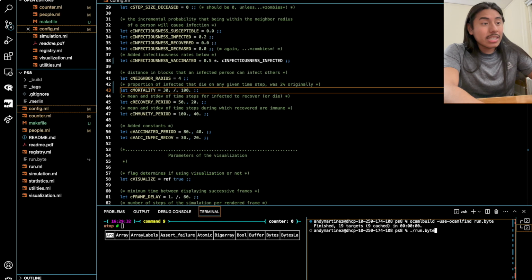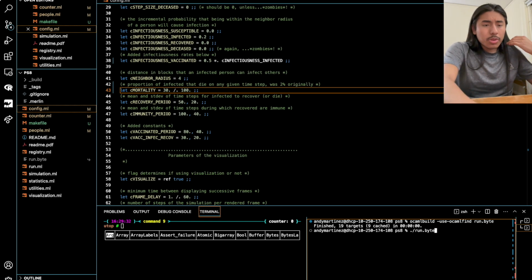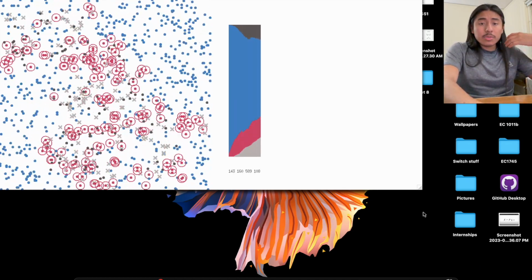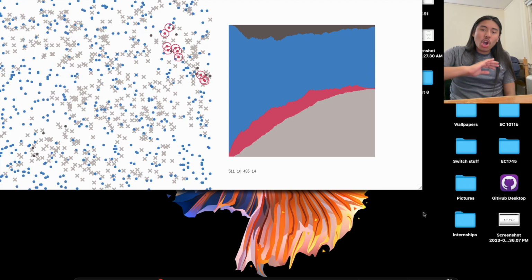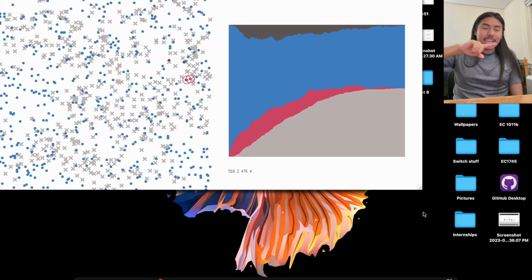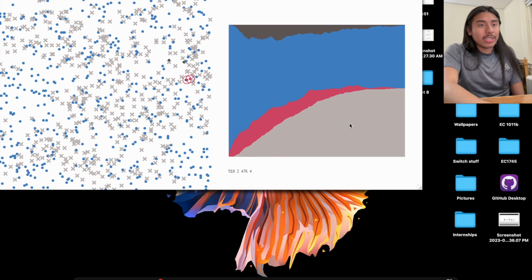So I've increased, in this case, the mortality rate from 2% to 30%. And this is with the normal base case. This isn't with the flattened curve version, but you'll see immediately that the mortality rate is just constantly increasing, and sort of has this diminishing returns curve appearance.